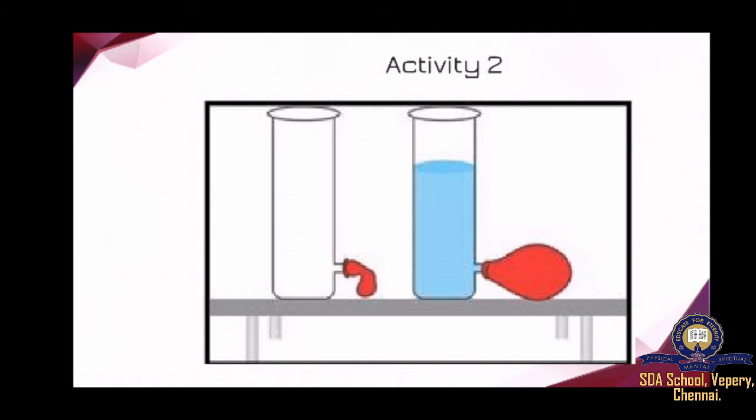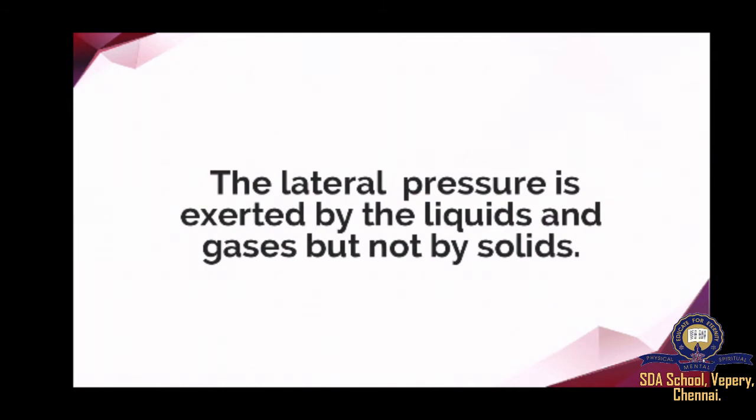This bulging is due to the fact that liquid applies pressure on the side walls also. Hence, we conclude that liquid applies a lateral pressure on the walls of the container. The lateral pressure is exerted by liquids and gases, but not by solids.